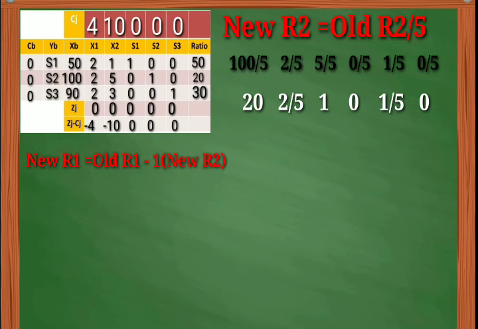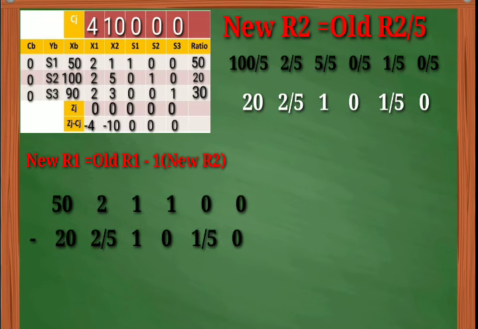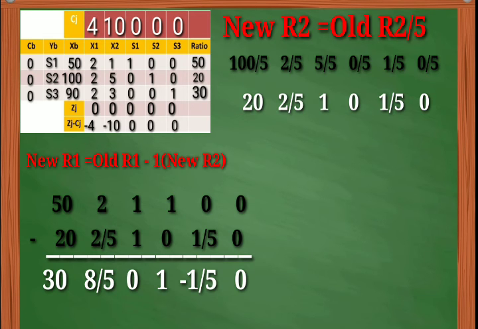New R1 is old R1 minus 1 into new R2. Here old row 1, 50, 2, 1, 1, 0, 0 minus new R2, 20, 2 by 5, 1, 0, 1 by 5, 0. So we get 30, 8 by 5, 0, 1, minus 1 by 5, 0.